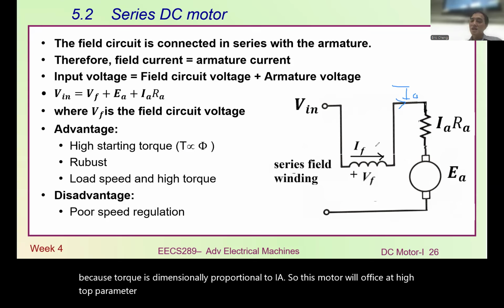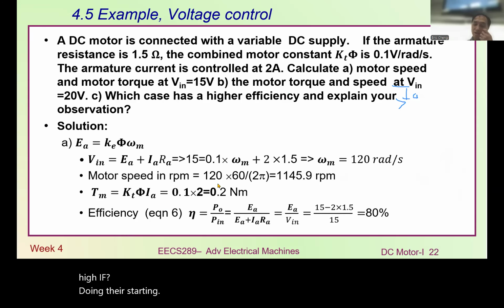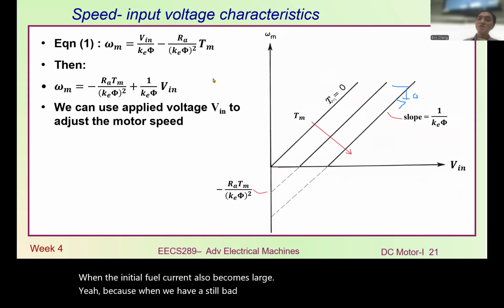And the next thing you see, how about the field? Would there be an issue for high IF during the starting? Then you can see from the equation here, the initial field current also becomes large, because when we have a zero back EMF, the field current is large, that means the flux will also become large.